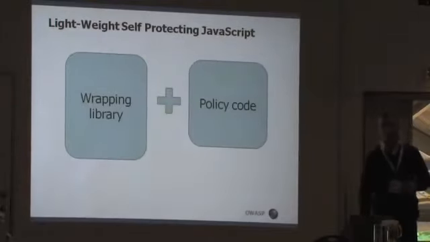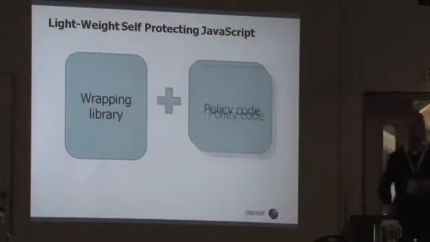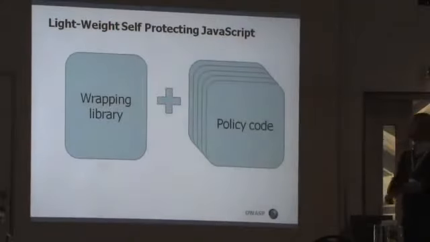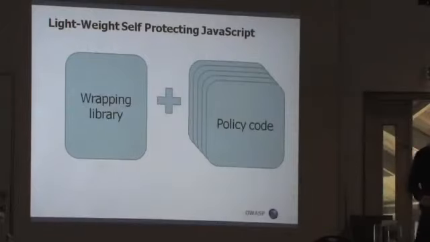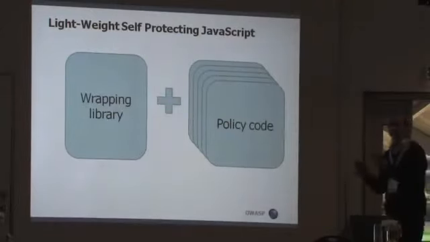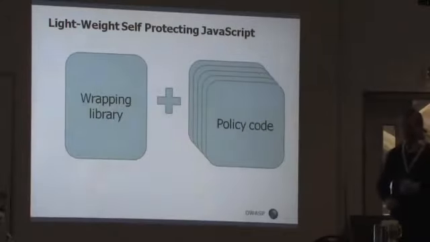The policy code is site-specific, so we will have different policies for different sites. One site might allow alert to be executed 5 times, and another site might not care at all about whether alert is executed or not.